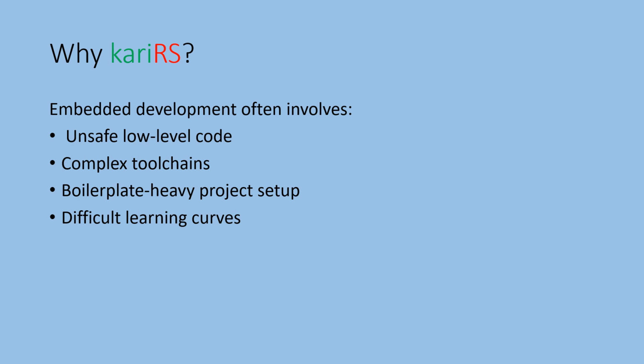So that's why we have kariRS. kariRS takes all the low-level code and gives you abstractions which are very beginner friendly and also advanced, to help you build robust projects. Embedded development involves unsafe low-level code, complex toolchains, boilerplate-heavy project setup, and difficult learning curves. That is what kariRS is coming to solve.